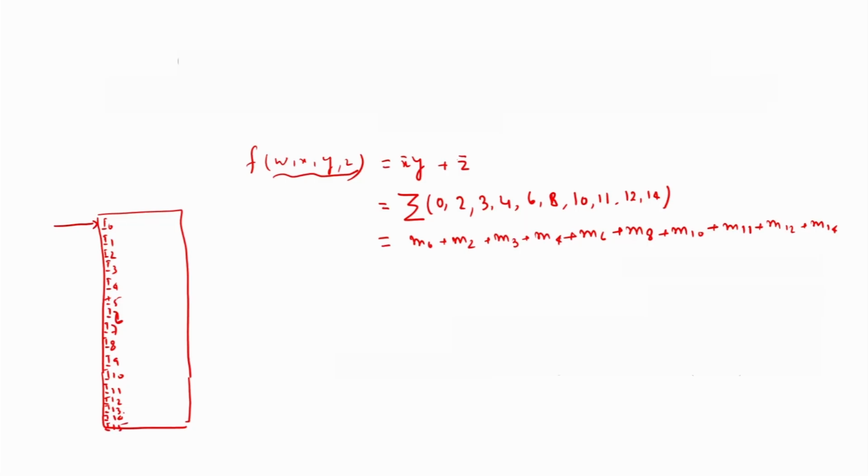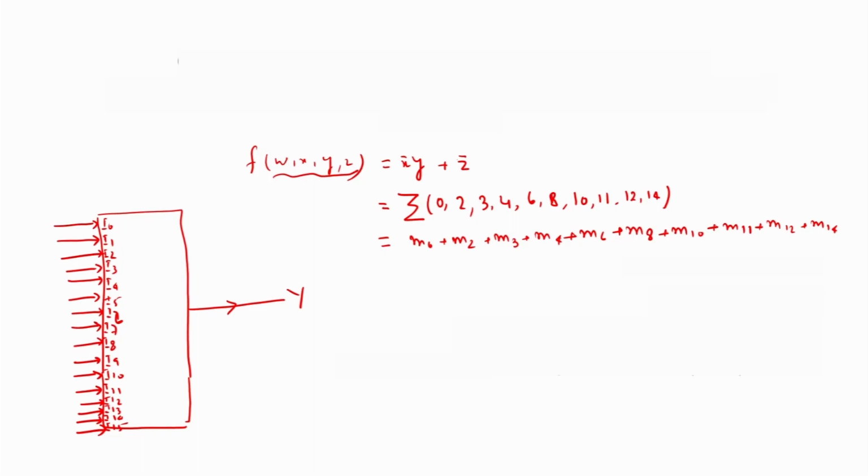Total 16 inputs are there, and one output, that is Y.